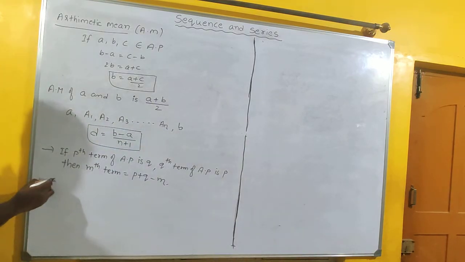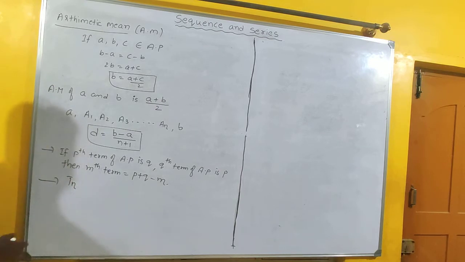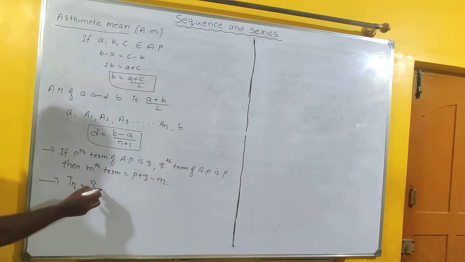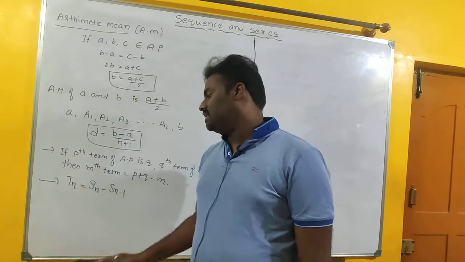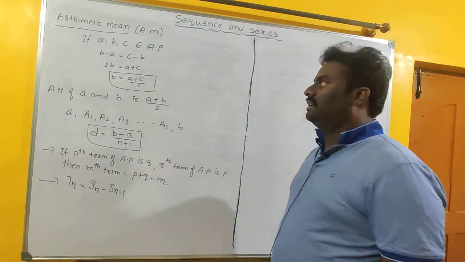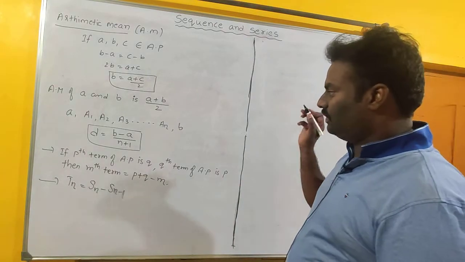Next, how to find the nth term? The nth term formula is Sn minus Sn minus 1. This is the formula for Tn.